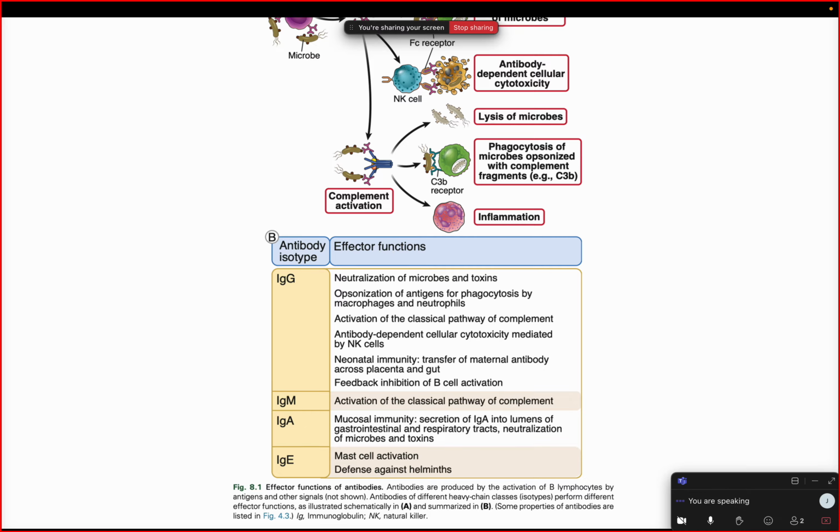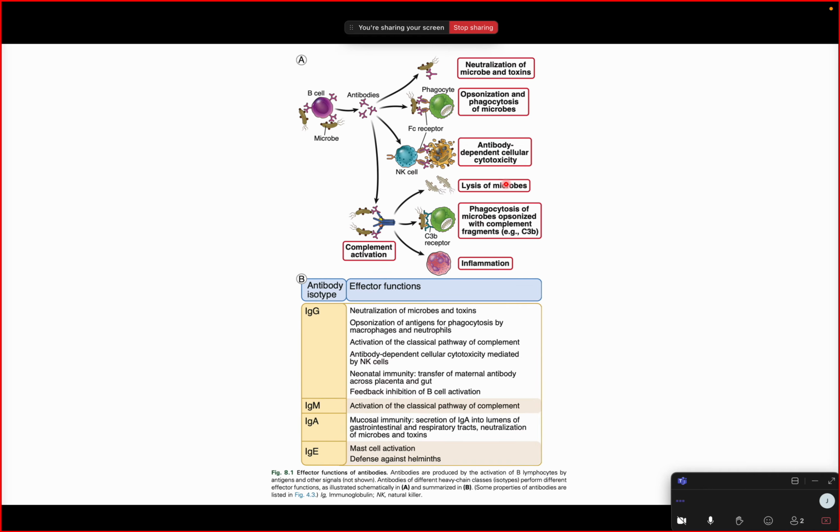Okay, if we talk about IgA, it is said to provide mucosal immunity. So the secretion of IgA into lumens of gastrointestinal and respiratory tracts, and neutralization of microbes and toxins. IgE activates the mast cell, so they secrete these factors, and then defense against helminths.